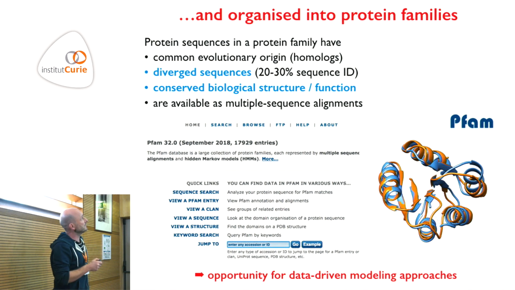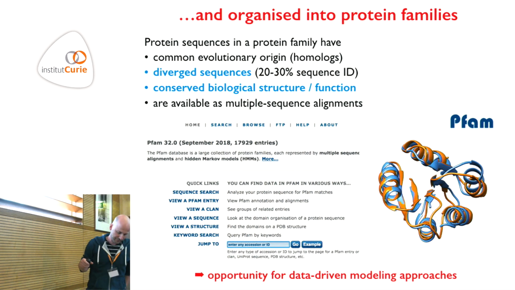But if you look at the sequence level, they are very, very strongly diverged. Typically, in large protein families, something like 20–30% of the amino acids are identical between two sequences, and the other 70–80% are exchanged, mutated in the course of evolution. So you have a lot of variability here.